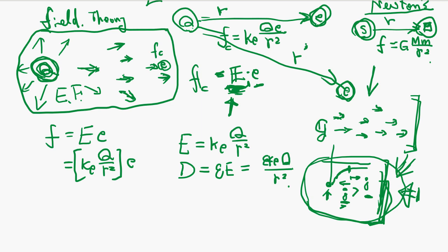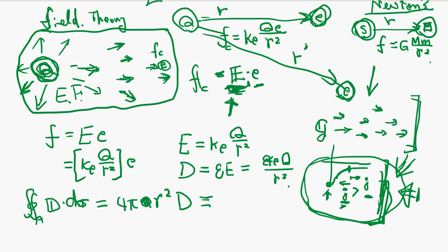Now, if this vector field is going out from the Q uniformly in the space, we take a surface integral, which is simply 4 pi a squared, where a is this radius, say r squared. And that's going to be the total charge Q, right? So D equals Q over 4 pi r squared.